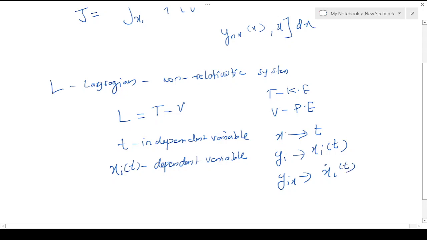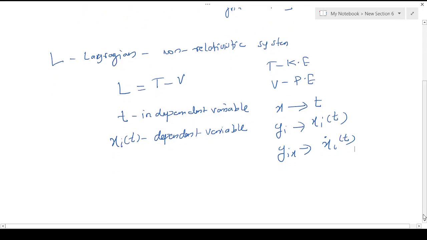So we will be changing the integrand that we have already seen. Here xi of t is a position, a location at time t, and xi dot equals dxi by dt.